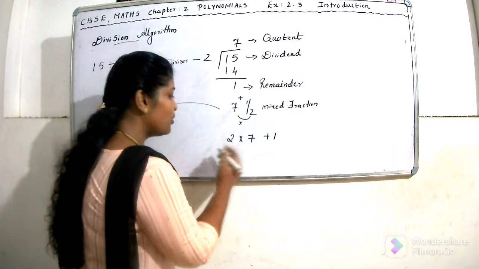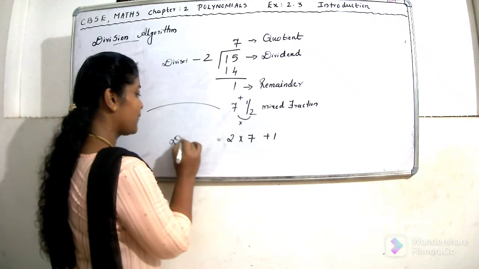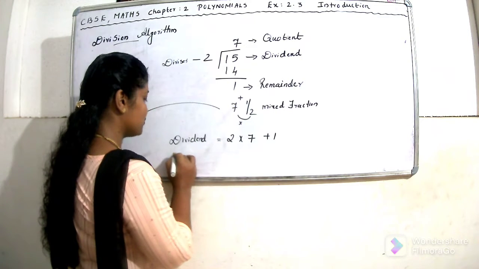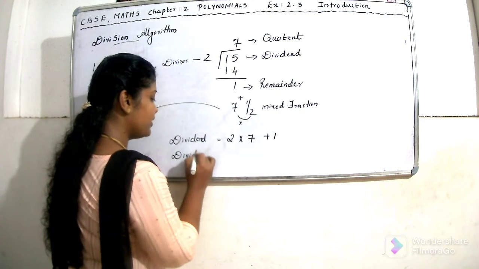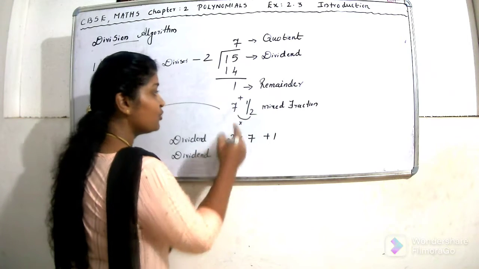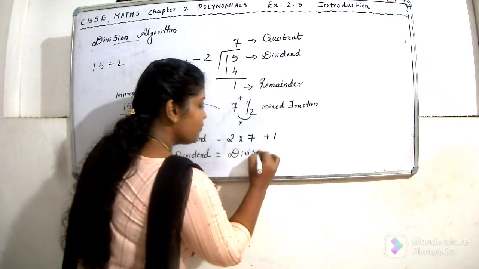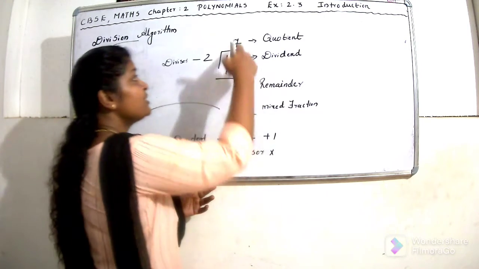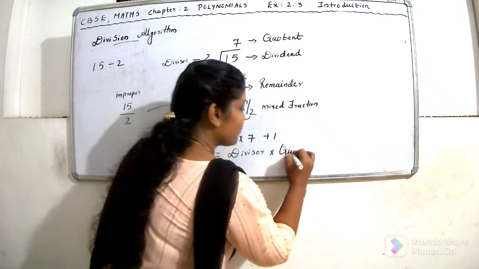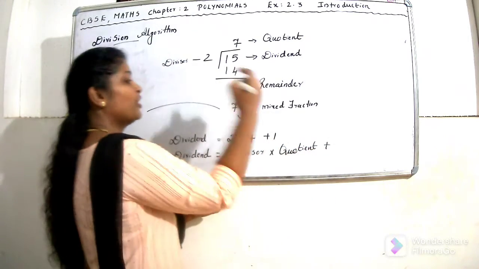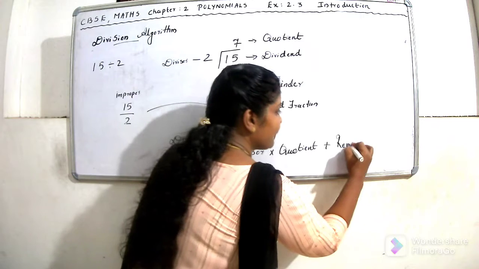So actually, dividend is equal to 2, the divisor, into 7, the quotient, plus 1, the remainder.